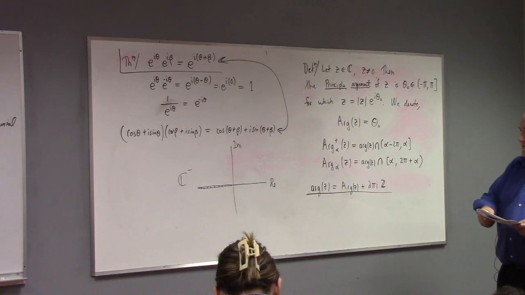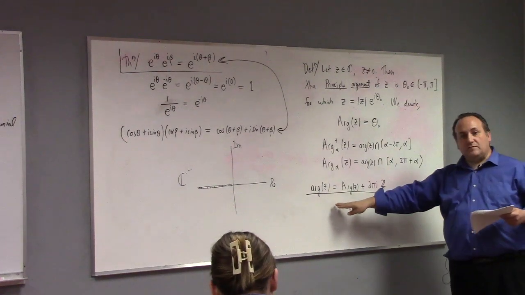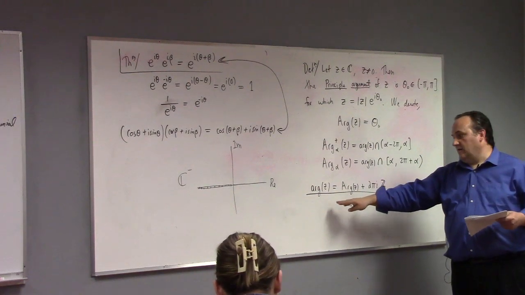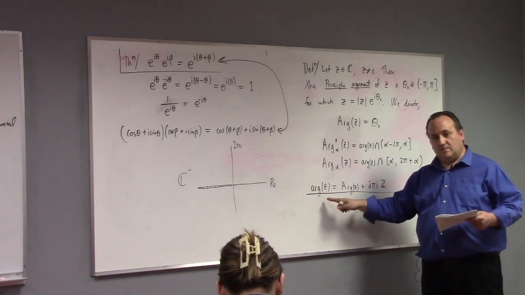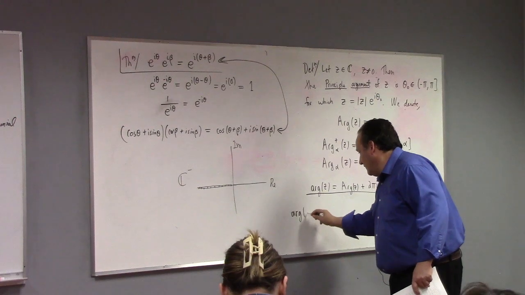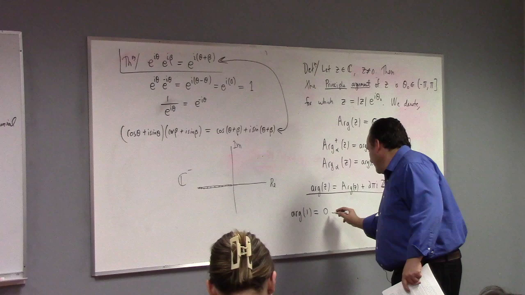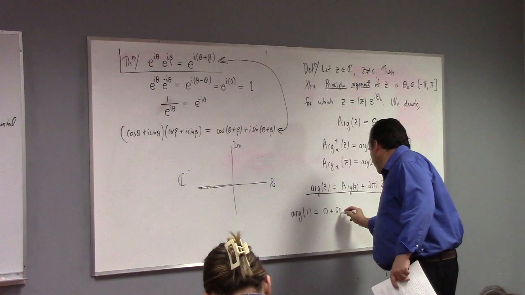So this is argument. The principal argument is a single function. This is not a function. This is multiply valued. See, arg z is a set of values. For example, the argument of 1 is equal to 0 plus 2 pi i times the integers.